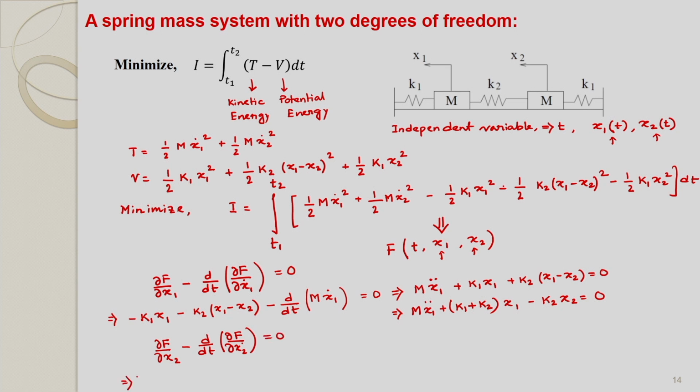We can write, because of this minus, this minus and this minus get cancelled. So, there will be k2 will come.